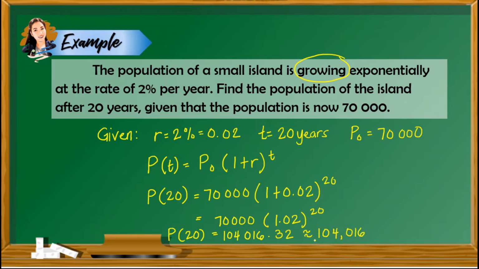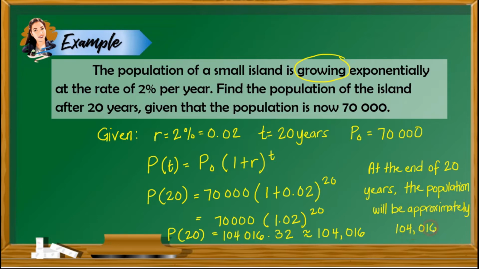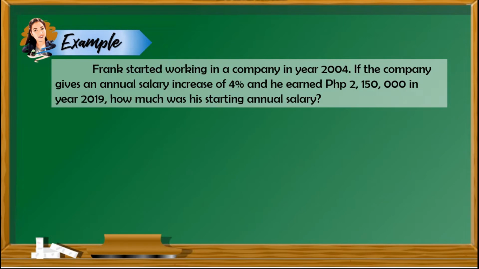We need to round this off because we do not have 0.32 person. So what can we conclude? At the end of the 20 years, the population will be approximately 104,016.